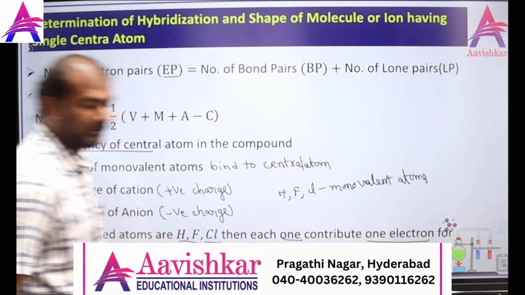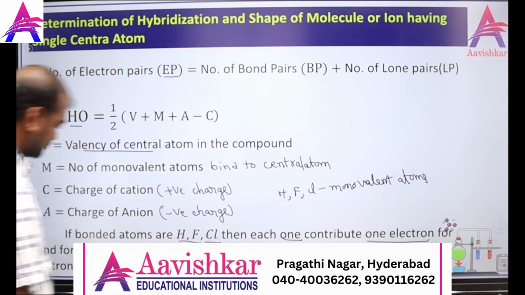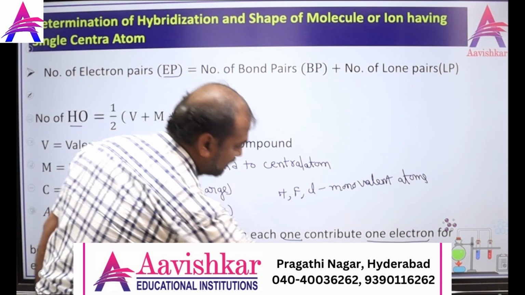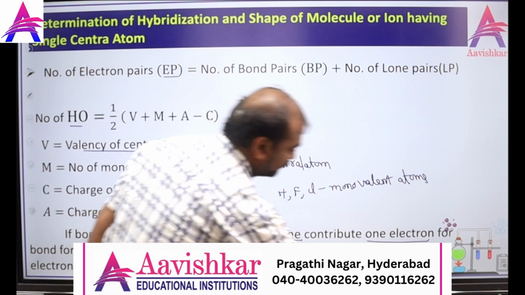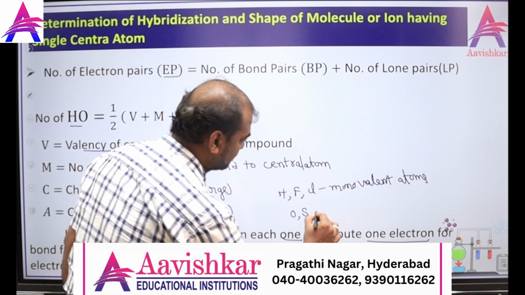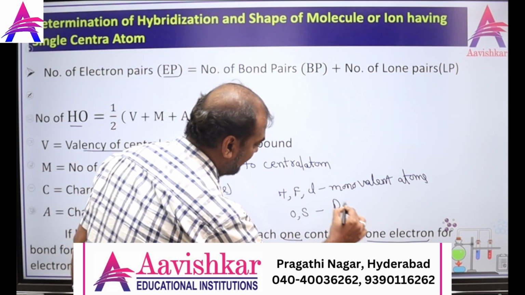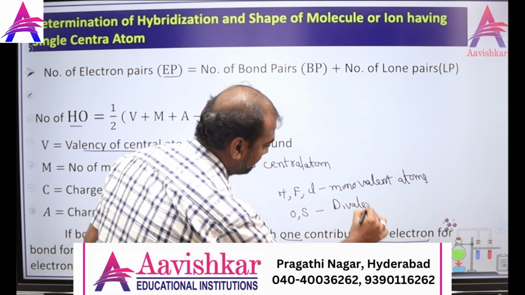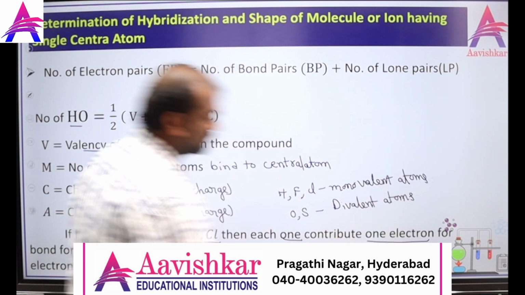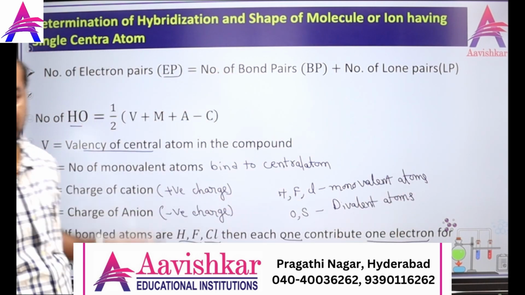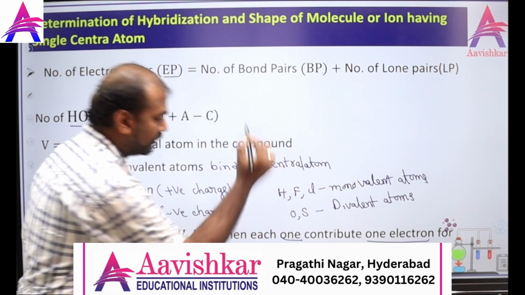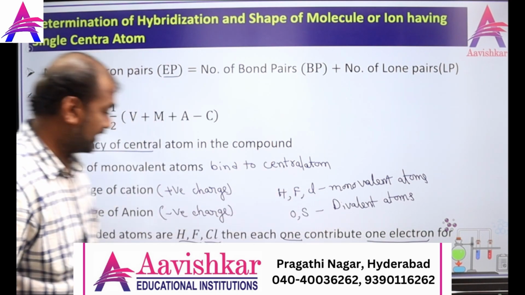If the bonded atoms are oxygen and sulfur, then each one contributes two electrons. So these are called divalent atoms. One must know this if you want to write the hybridization as well as the shape of the molecule: which is the monovalent atom and which is the divalent atom.